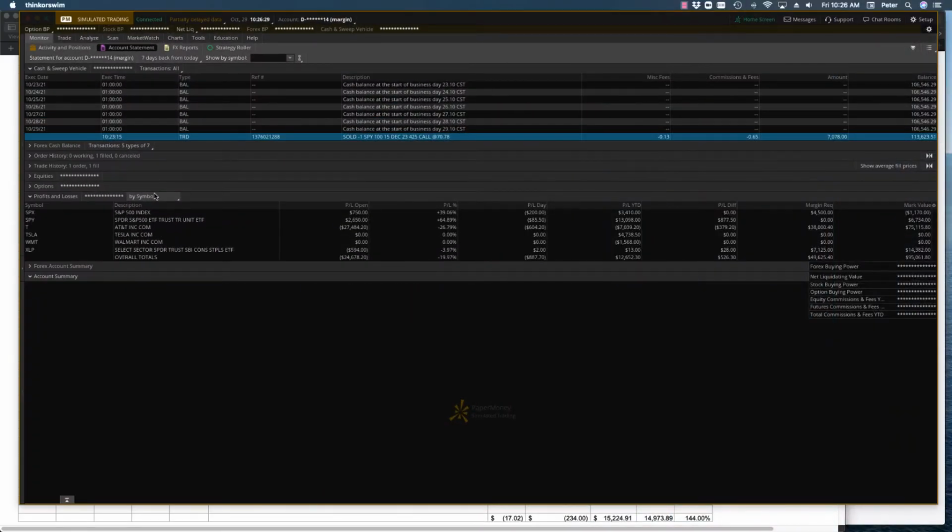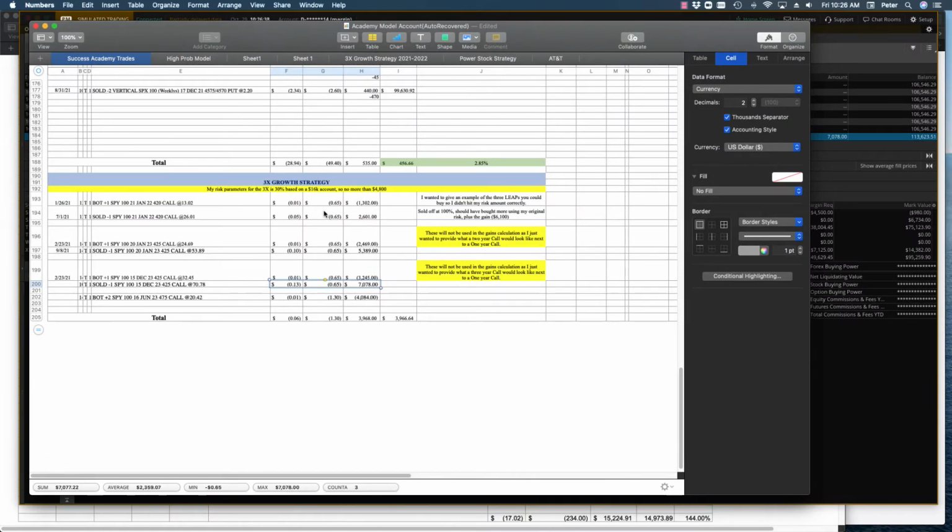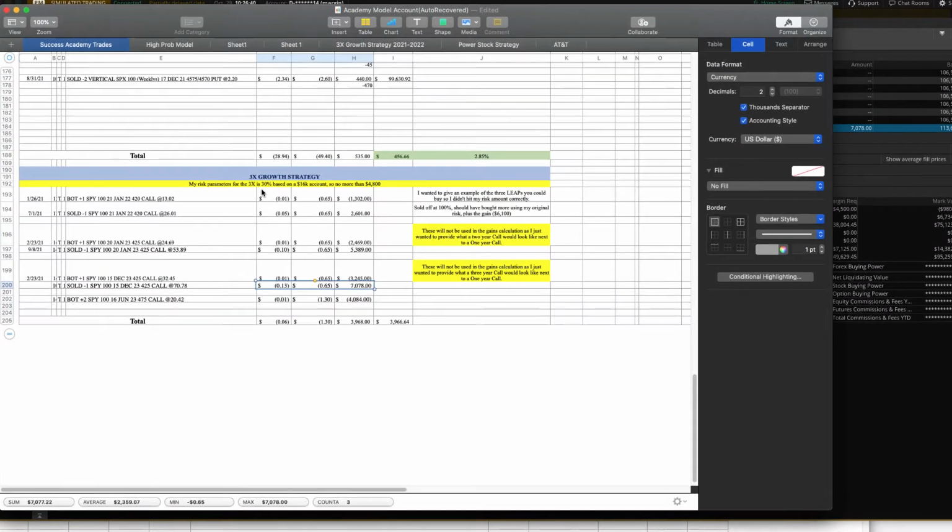Okay, welcome back. So today, one of my call options. If you guys remember, let me bring over my spreadsheet here. You remember when I first started the 3x growth, I bought 3 different call options to show you the difference based on times.